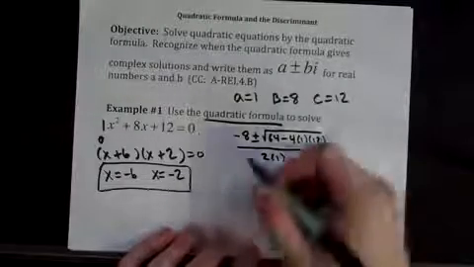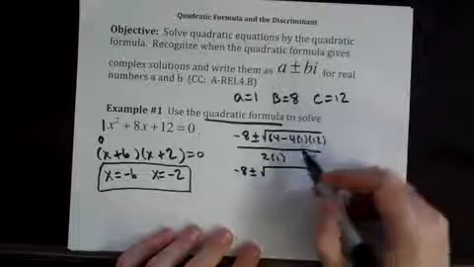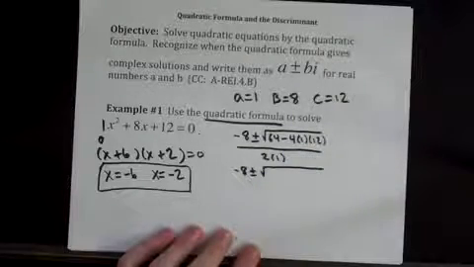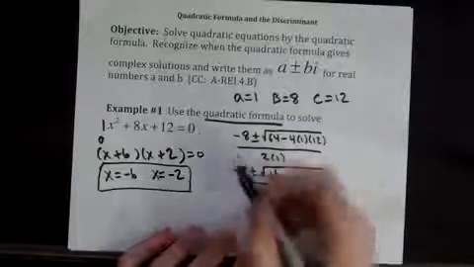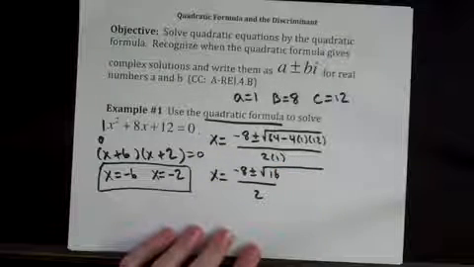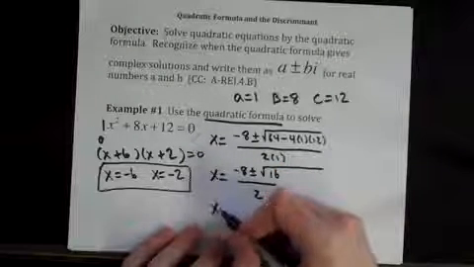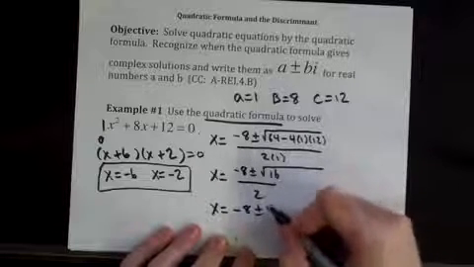There's me plugging into the quadratic formula. 4 times 12 is 48. The difference in here is going to be 16 over 2. I guess it would probably be best to write x equals, so we know exactly what we're solving for. Square root of 16 is 4.